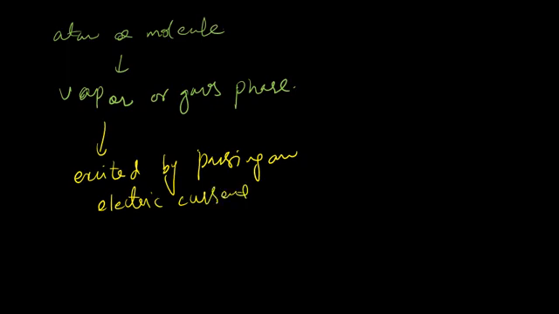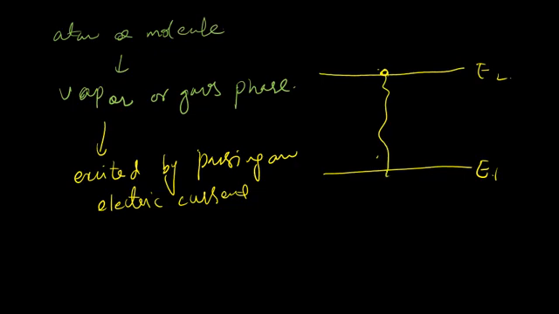We have the E1 ground state and another higher energy state, so the electron jumps from the lower to the higher energy state. When it de-excites to the lower energy state, it emits radiation in the form of a photon hν.